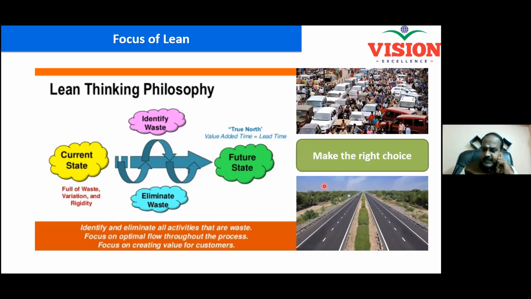So according to lean, even if everyone in a company is doing something, if what they are doing is wrong, you must boldly say it is wrong. All of them are doing the work in a particular way. But as a lean practitioner, you have understood that what they are doing is wrong. You must boldly call it wrong only. Don't worry who is following.